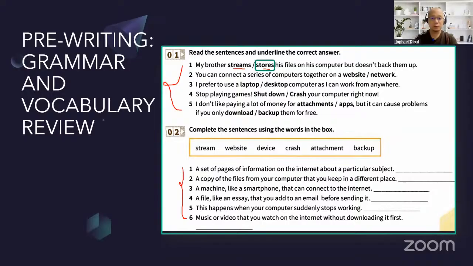Let's check the new word here, store. Store means keep. All right, again, store here means keep. Okay, so let's check here the new vocabs.